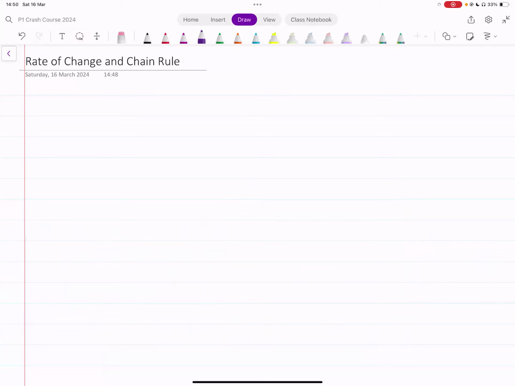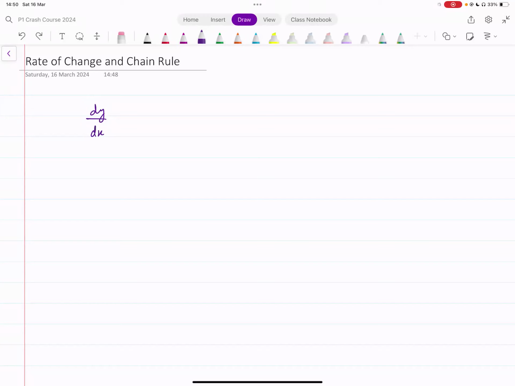Okay, so first of all, we need to understand this terminology of rate of change of something. So this dy over dx that we calculate, the derivative of y with respect to x. Remember what this represents? It represents the gradient of a function. dy over dx is basically the rate of change of y with respect to x.